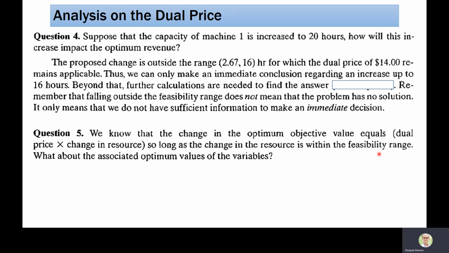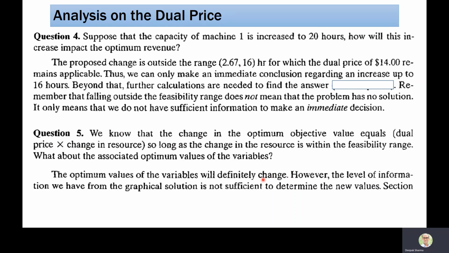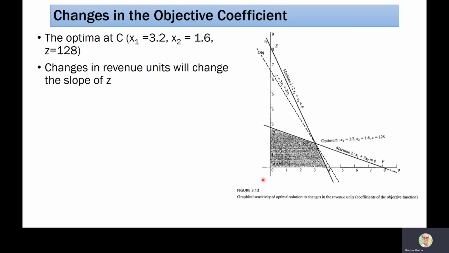From the graphical solution, we know that point C was changed to point G. This means X1 and X2 will definitely change. So in that case, we have to recalculate X1 and X2 when we are changing the right hand side of the constraint.